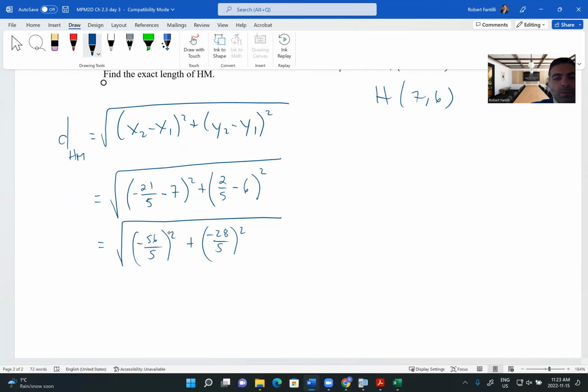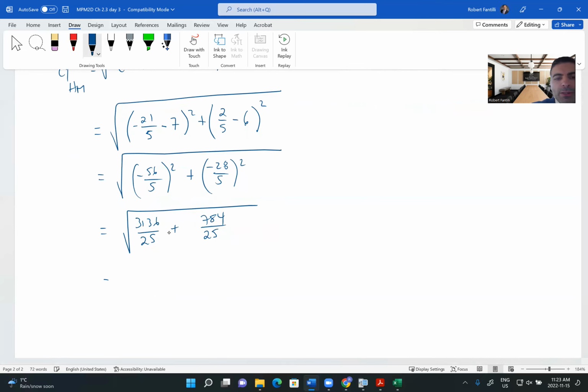Equals negative 56 squared. I'm going to cheat here because I already used my calculator. Negative 56 squared ends up being 3136 over 25 plus 784 over 25.